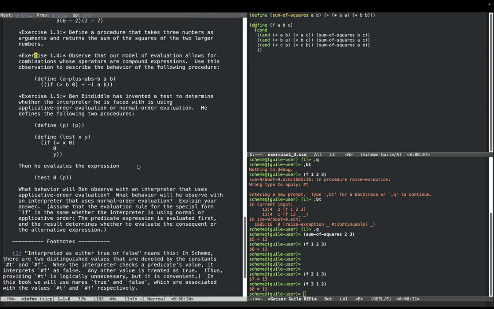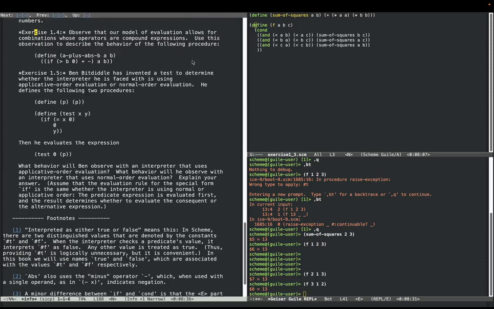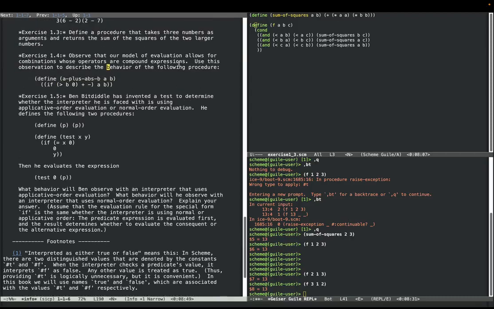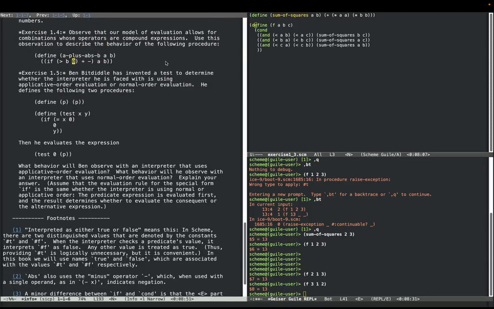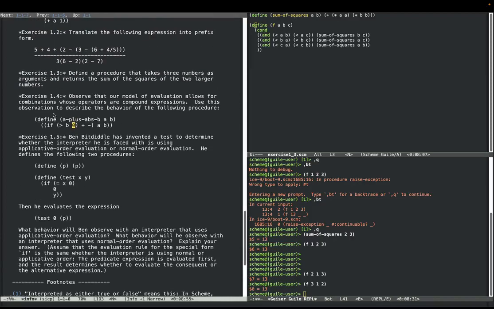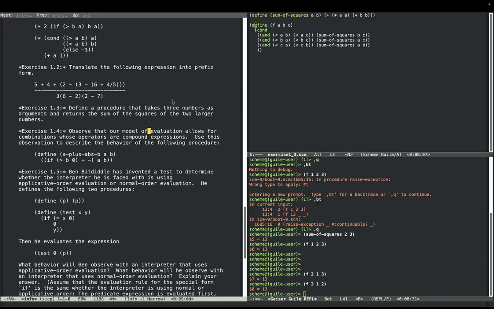Exercise 1.4. Observe that our model of evaluation allows for combinations whose operators are compound expressions. Use this observation to describe the behavior of the following procedure. Okay. So what we saw like 2 models, right? We saw substitution and normal form or something.